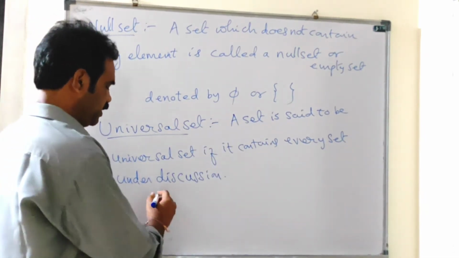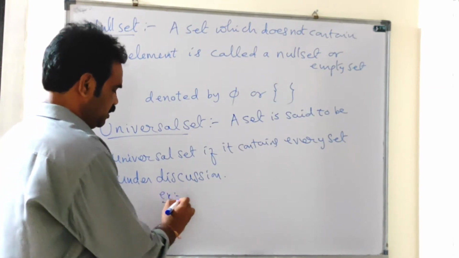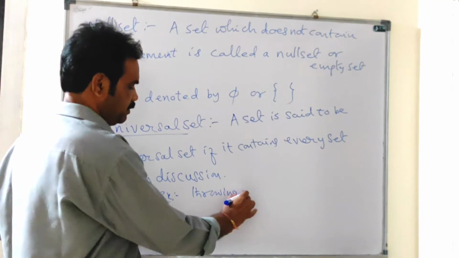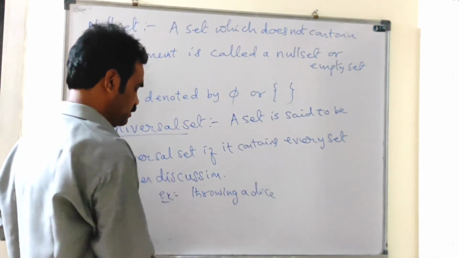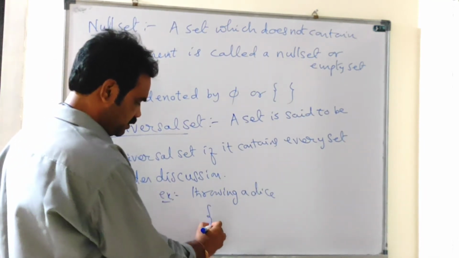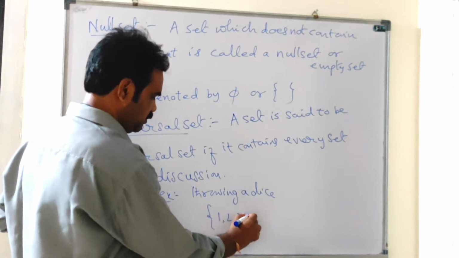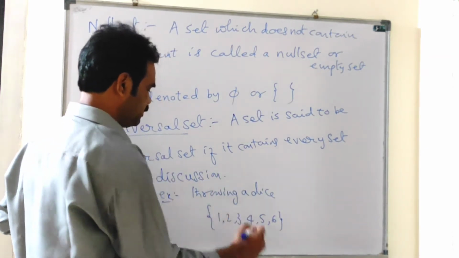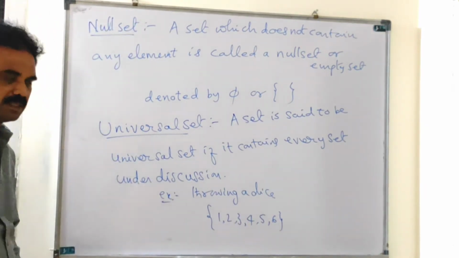For example, in throwing a dice, the universal set is 1, 2, 3, 4, 5, 6. This is an example of a universal set.